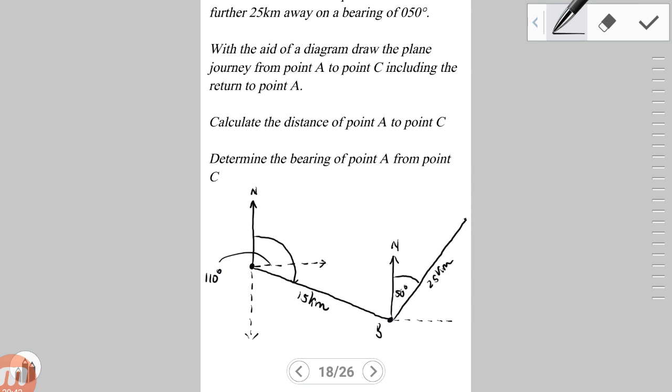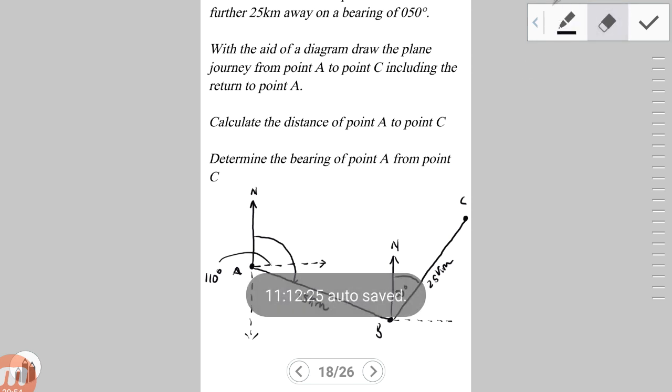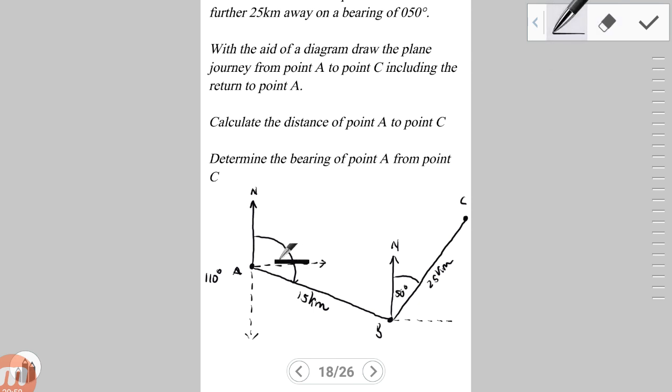All right, and this is, say for example here, point C. All right, and so including the return to point A, so we said that this was point A in the initial stage. Okay, so therefore then we can just construct a line leading us to C here. Okay, and this is our diagram that we have.